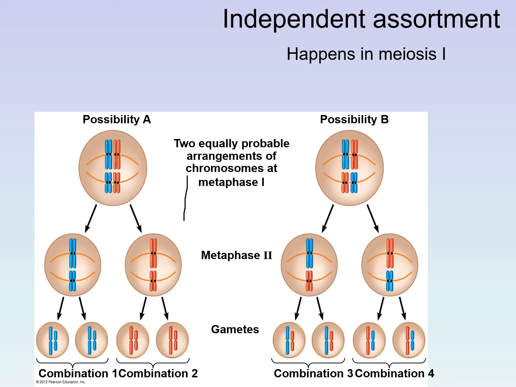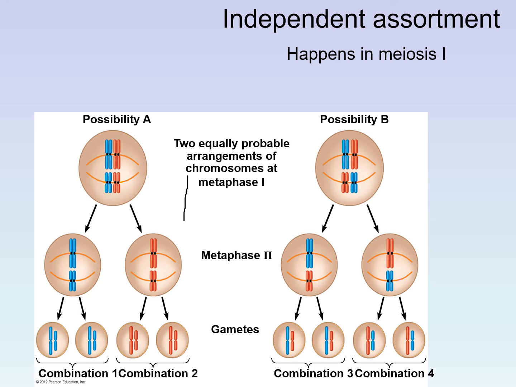Check out the cells at the top of each picture, which each of them has 2 pairs of chromosomes in metaphase of meiosis 1. Note how there are 2 possibilities for this cell as to how the homologous chromosomes line up on the metaphase plate and separate. Right? All blue on one side, all red on one side, and then possibility B has blue and red alternating.